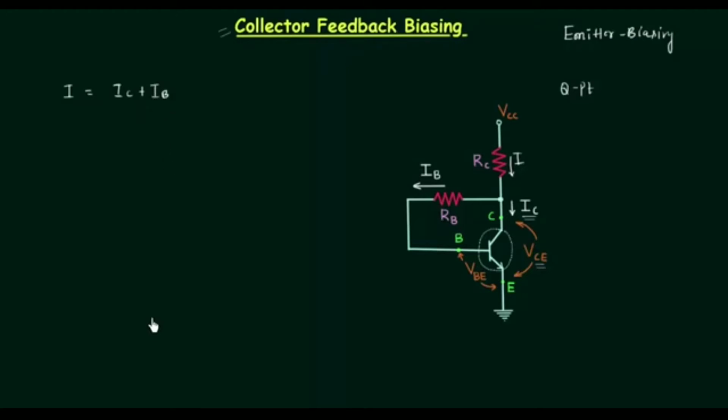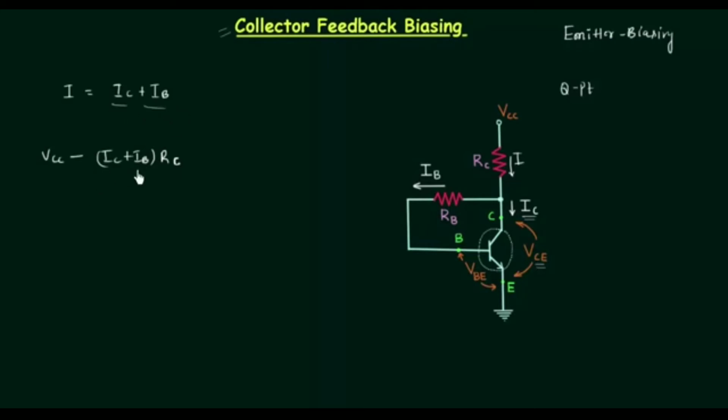And now I will calculate the base current by applying Kirchhoff's voltage law. In the input loop, we have VCC minus (IC plus IB) multiplied with resistance RC. Drop across this resistance is equal to I multiplied with RC, and I is equal to IC plus IB.